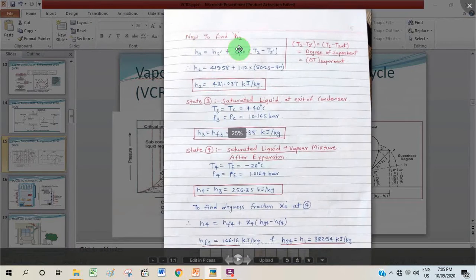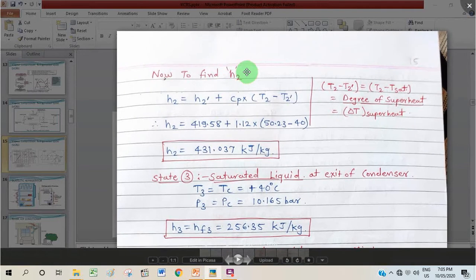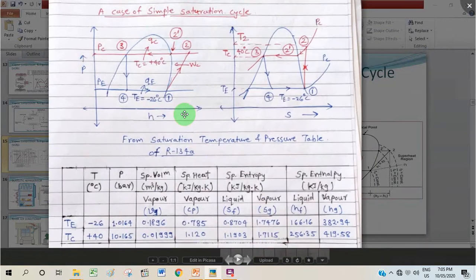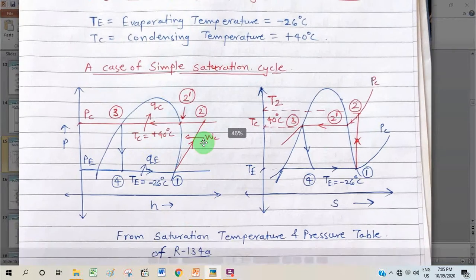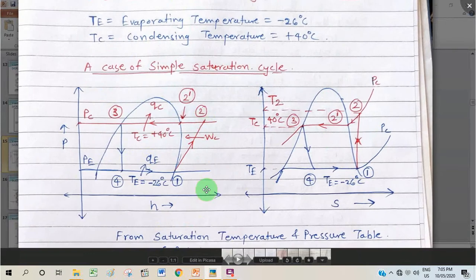Now we have to find the enthalpy H2. See the diagram again. To find the H2 at this point, we have the available data up to this part, that is H2 dash. Up to this part it is available, that is saturated vapor enthalpy at 2 dash at the same pressure.